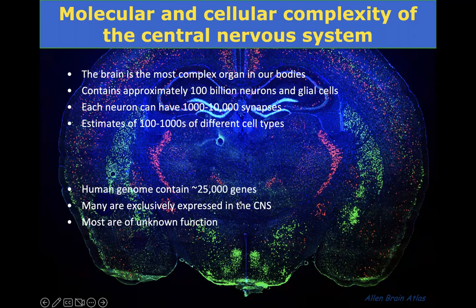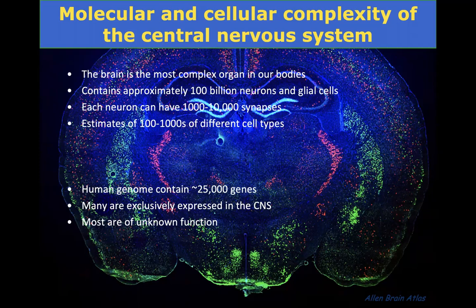And in particular, the fact that out of the 25,000 or so genes found in the human genome, many are either exclusively expressed in the CNS, potentially a third are exclusive to the CNS, but at least close to 80% are expressed somewhere in the nervous system.